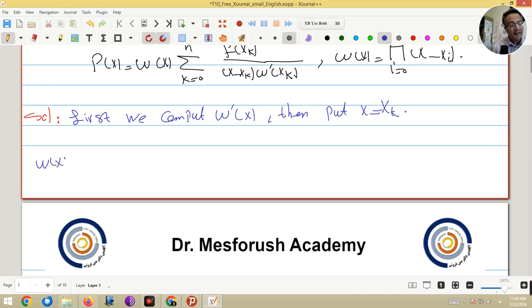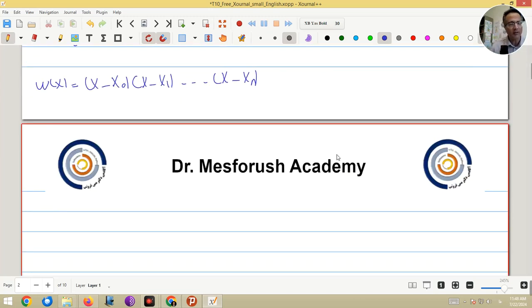We know that w of x is equal to x minus x0 times x minus x1 up to x minus xn. Let me compute w prime of x for just 3 parentheses, and then in fact I can conclude something very similar, because the computation of w of x for n plus 1 terms is simple, but it's full of computation, and it's not good.